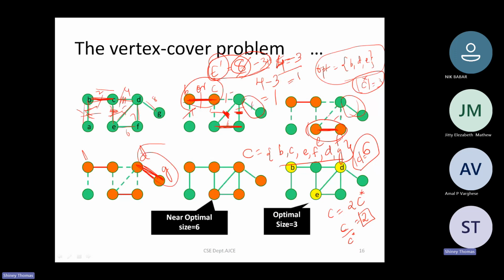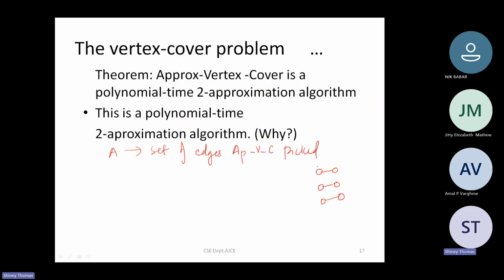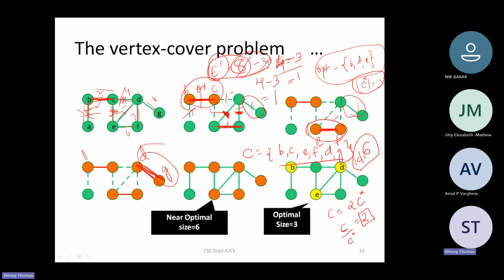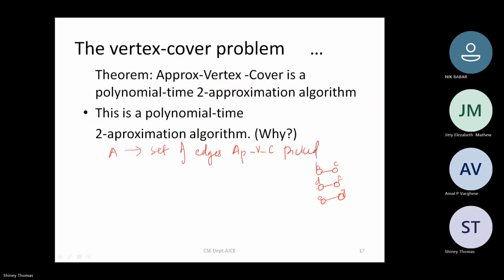These are the three of them we picked, right? So you can write here BC, then EF and DG. Okay, so these are the three edges that you picked randomly, which form the set A.